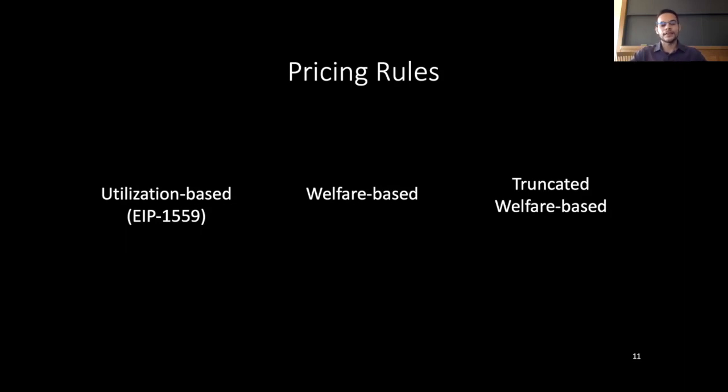The first one is a realization-based approach, where we simply rely on the realization of the previous block. And that's exactly the same mechanism that's used in the EIP. Then I'm going to show some limitations, or some instabilities, that could arise in this realization-based approach, and then I'm going to motivate the use of the second and the third pricing rule.